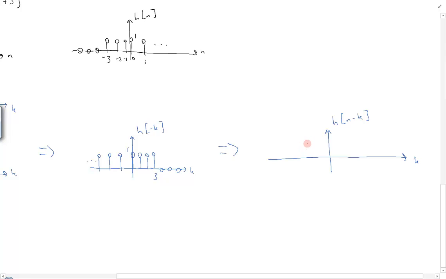So what this will look like is it's going to be something like this, where we have our h of k, and this is h of minus k, and 0 everywhere going to the right, and 1s going everywhere to the left. But the initial point over here is no longer at 3, but is rather at n plus 3, because we shift the entire thing by n. And so this point is n plus 2, n plus 1, n minus 1, n minus 2, and so on. So now everything here is in terms of n, and this is our function h of n minus k.